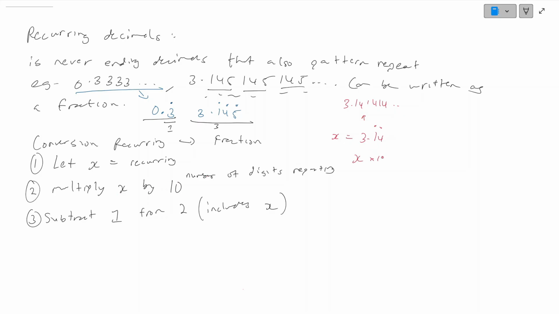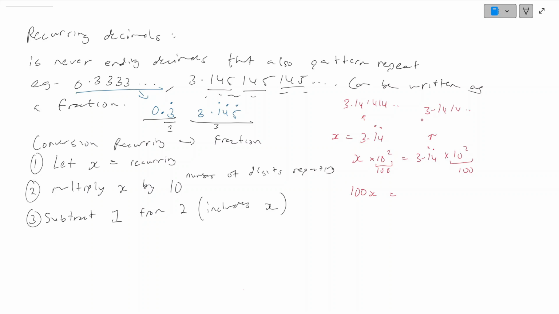So x times 10 to the power 2, and 3.14 recurring times 10 to the power 2. 10 to the power 2 is just 100. So x times 100 will just become 100x. And 3.14 times 100, remember this right here is just 3.1414 and so on.